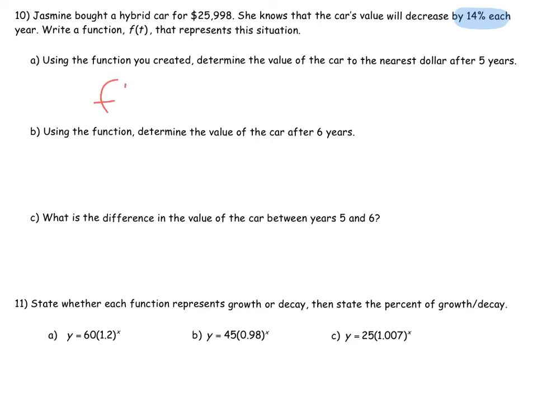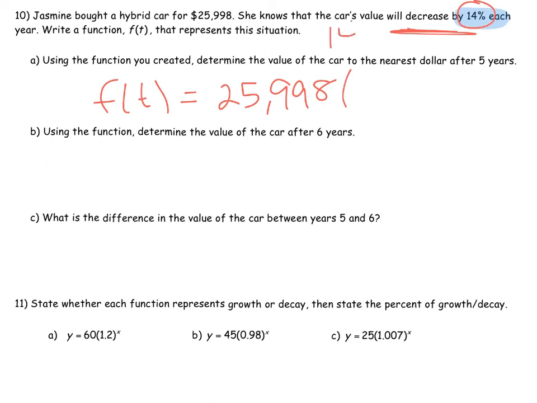So if I write f of t, we know that the initial amount is 25,998, and this is the decay. We're talking about a decrease. So you have to remember that 14% has to be changed into a decimal. So that means r is going to equal 0.14. You got to change it from a percent to a decimal.